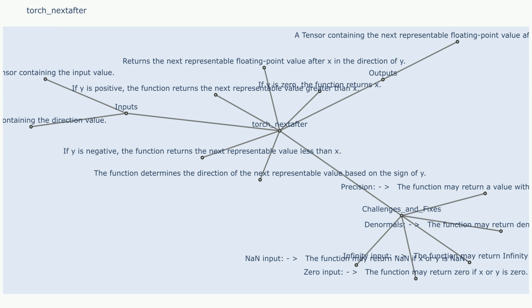Fixes to challenge 2: consider the limitations of floating point arithmetic when working with very small differences between x and y. It might be necessary to use alternative methods or adjust the input values to ensure accurate results.